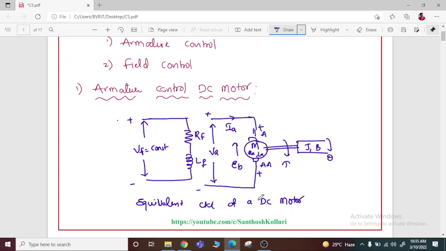In the armature control method we are keeping field voltage constant and armature voltage is variable. In the field control we are keeping armature voltage constant and we are varying the field voltage. So the circuit diagram is same for both the methods, armature control as well as field control DC motor.